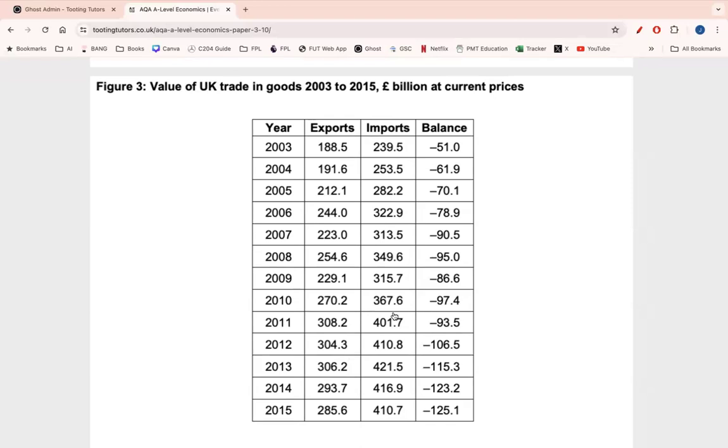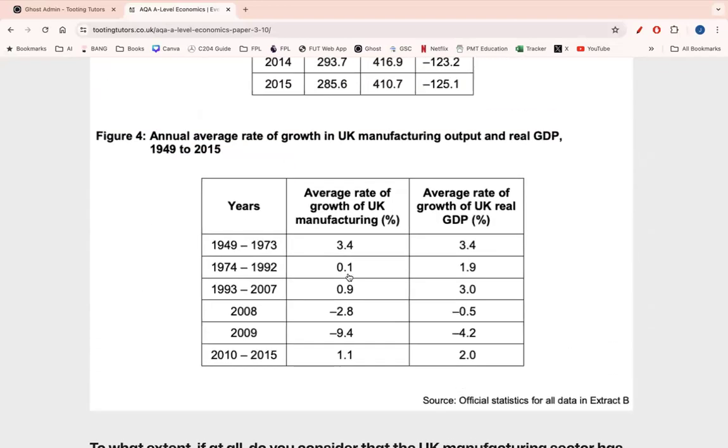However, the graph suggests that manufacturing has declined in comparison to other countries because our imports have gone up by more. So therefore, our balance has worsened. My point there included a for and against, so I've kind of evaluated while writing that. And you don't have to be too fancy.